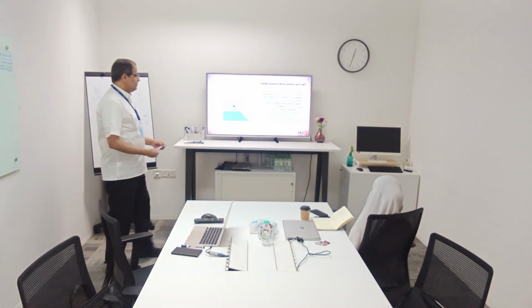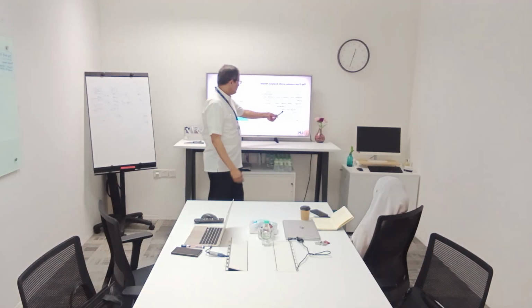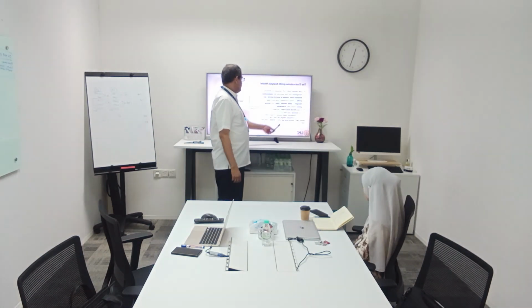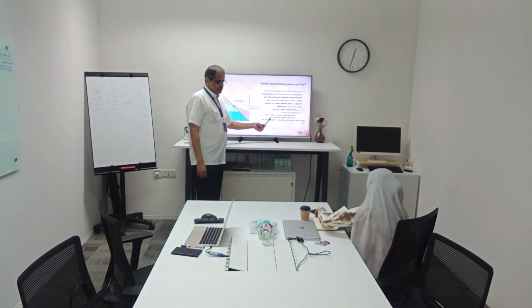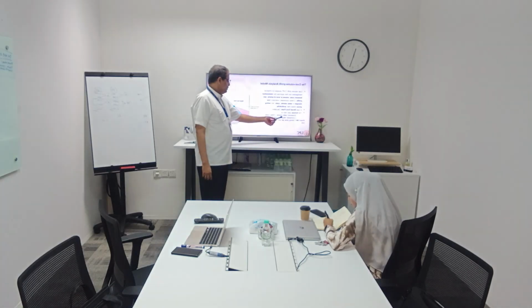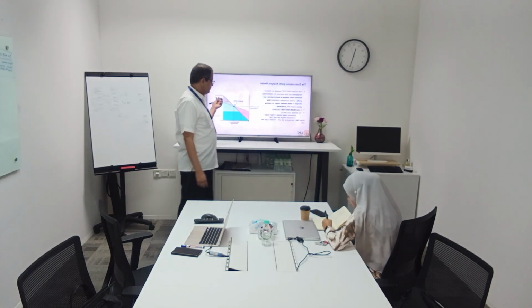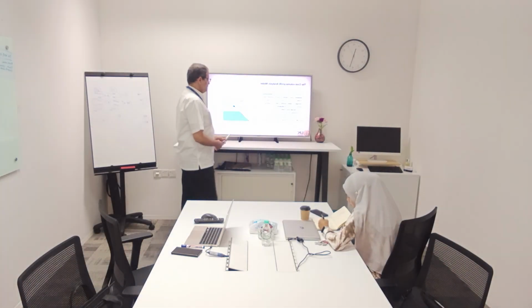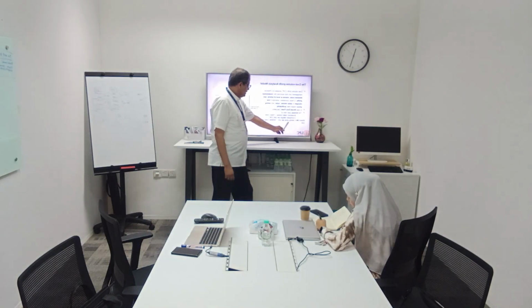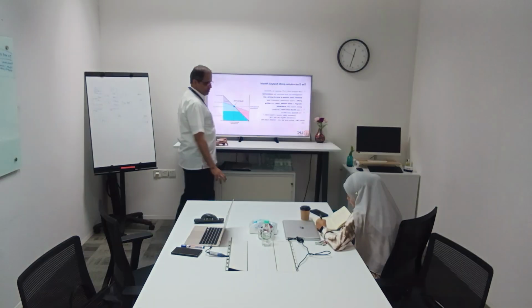So the formula for the break-even point is the fixed costs divided by the contribution margin, the one we found just now. The contribution margin is, as we said, selling price minus variable cost.